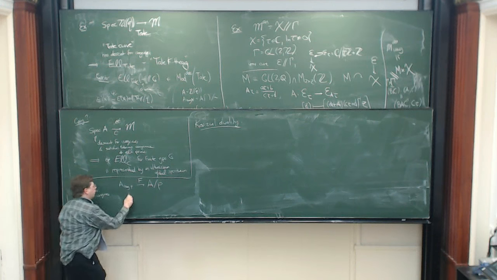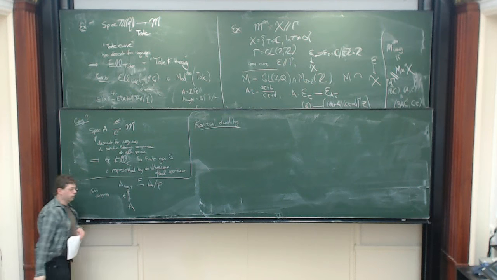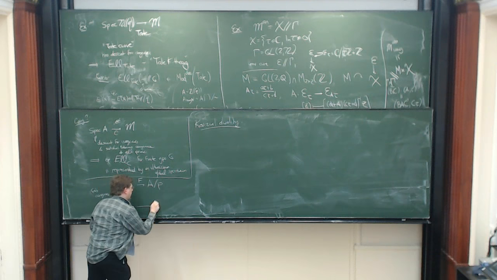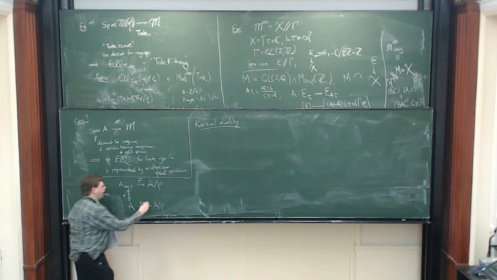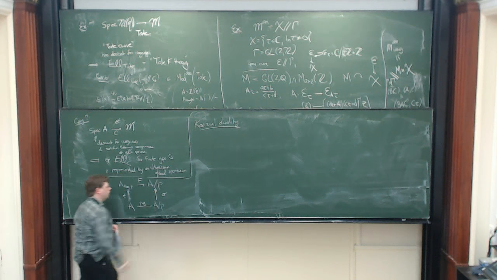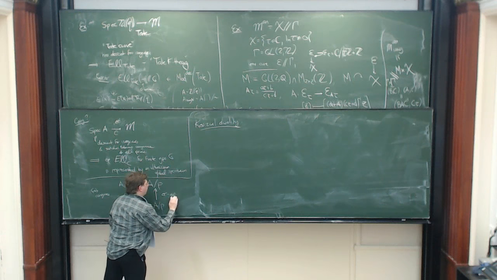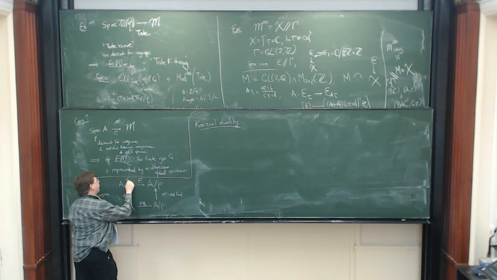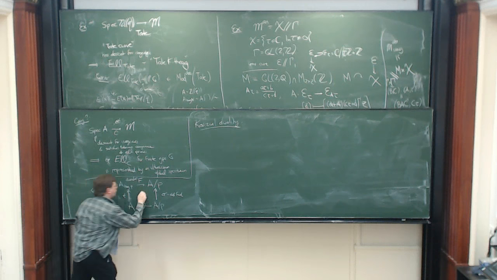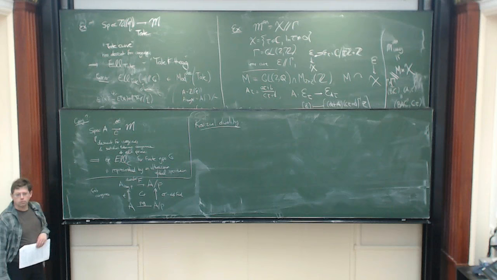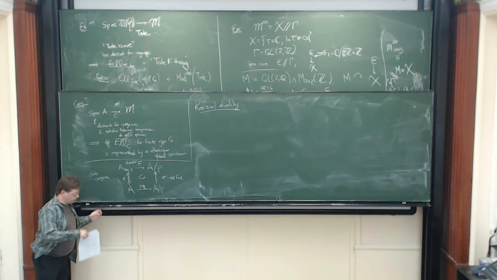It says, I have the map T that represents the target of the isogeny. I have the projection from A to its quotient, and I have the absolute Frobenius, because A mod P is characteristic P. And this classifies the Frobenius isogeny. And the Frobenius congruence is that this commutes. That's effectively the condition I gave in the last lecture.